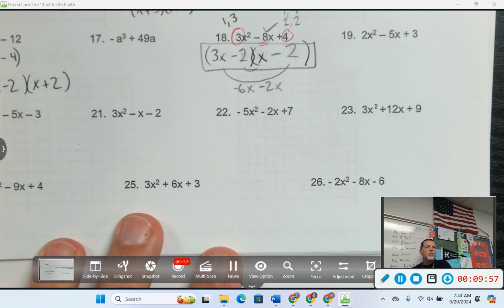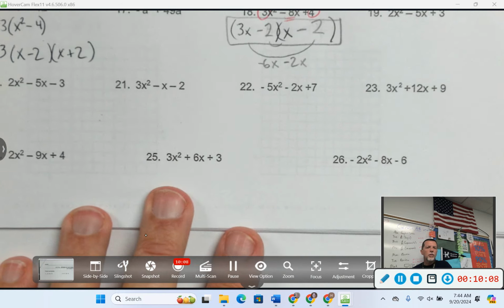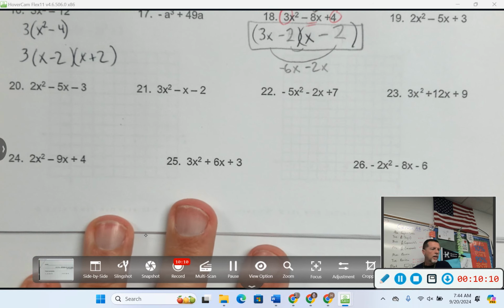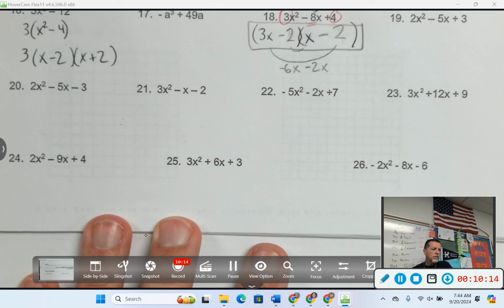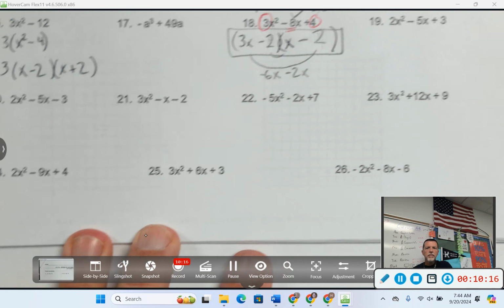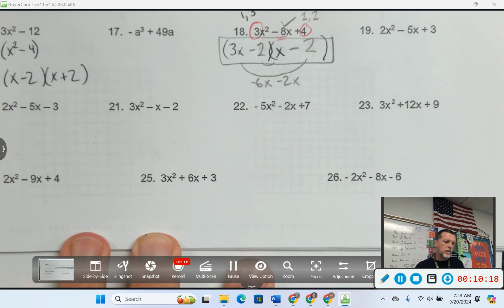Okay, do you want to see split the middle term, or you just want to keep guessing and checking? Let's guess. I think guessing and checking is the way to go. Certainly for the ones we give you, you're usually going to be okay. Why don't you try number 19.